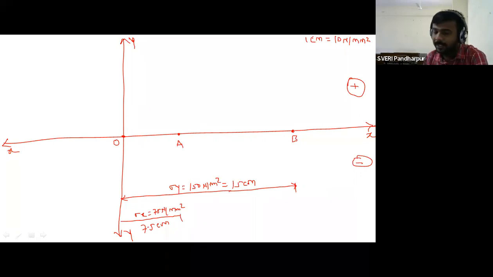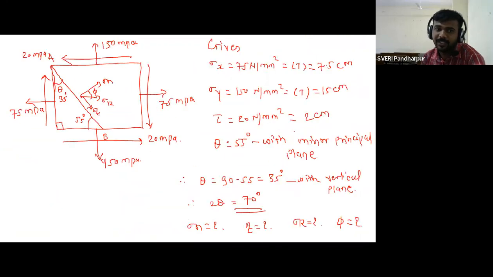Now please tell me, now think about shear stress which is applied on major principal plane. Is your shear stress rotating clockwise or anti-clockwise on the major principal plane? Think about only major principal plane. It is rotated clockwise, so we have to take positive or negative.